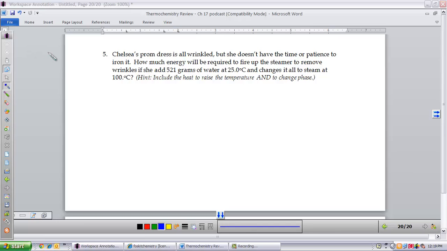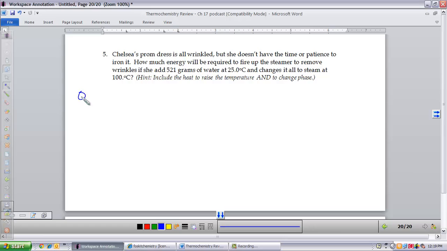In this problem, it's a little bit more involved, because we don't just boil the water, because she wants to change the water to steam. We also have to heat it up first. So there's a portion that needs to be heated, and then there's a portion that just needs to boil the water. And then the total will be the total amount of energy needed to heat it up and then to vaporize it.